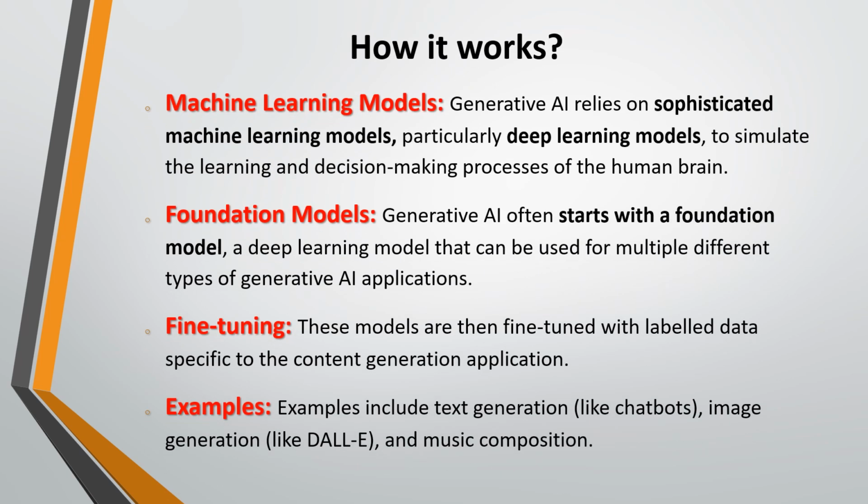Let's try to understand how does it work. So machine learning models, generative AI relies on sophisticated machine learning models, particularly deep learning models to simulate the learning and decision making processes of the human brain. So basically, it tries to replicate. There is a machine with the software that tries to replicate the human brain, and it adopts the ways how the human brain learns things and interprets them and uses them for different applications.